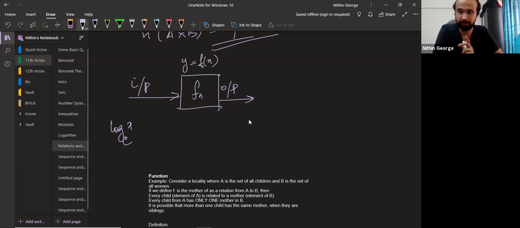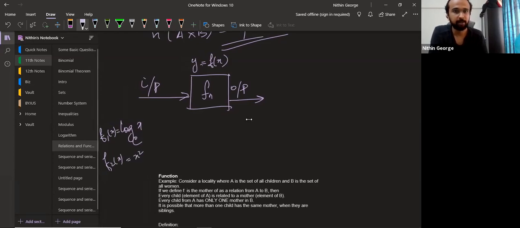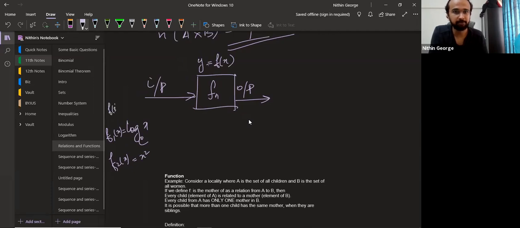Okay, and that's what our context is. A function in terms of one variable, y equal to f of x. So an example of a function is log x to the base e. I'll call this f1 of x. I'll call f2 of x as x square. I'll call f3 of x as root x.